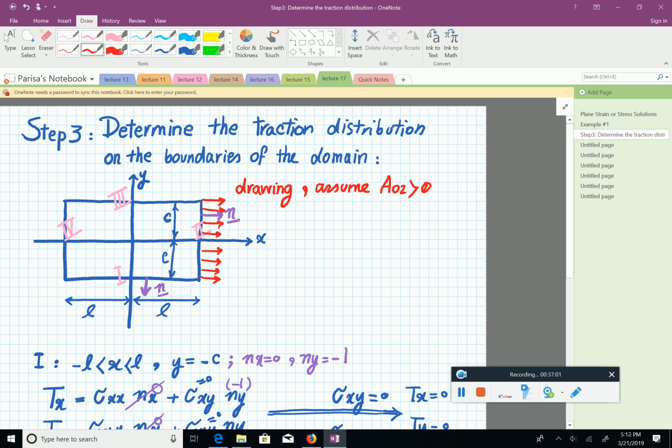So it's constant, right? If it is positive, it looks like that, but it could be also negative. So just to make sure, the value is 2A02. It could be positive or negative, then things will be reversed.